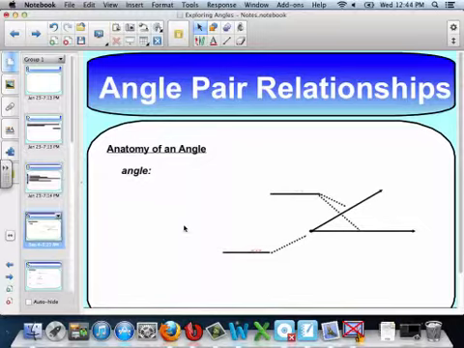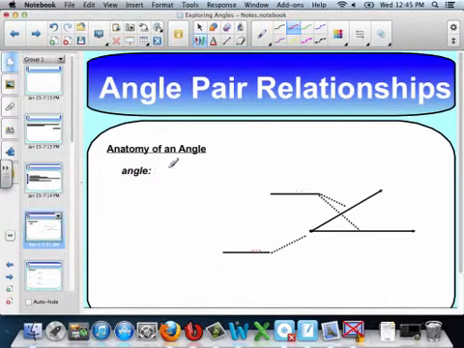Yeah, that's what it is. All right, so an angle, as you can see up here on the board, it is actually 2 rays. And what's special about those 2 rays? They connect at one point. They share their endpoints. So an angle is 2 rays that share an endpoint. There you go. All right, so by definition, an angle is 2 rays with the same endpoint.